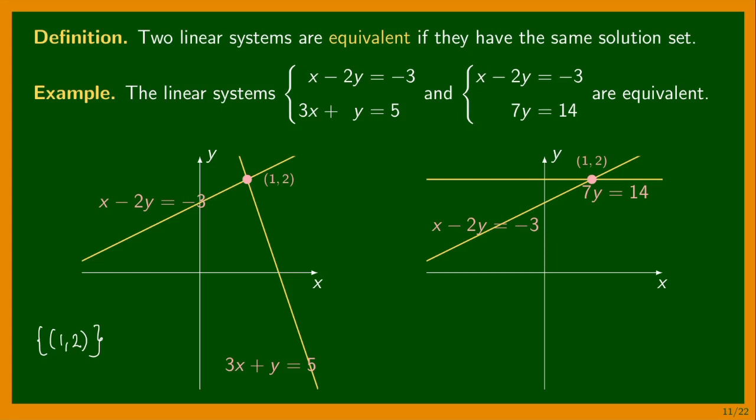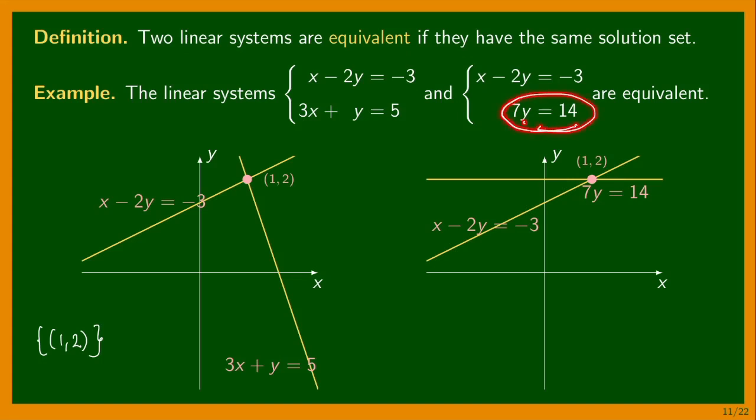But you see, when you look at these systems, although they are equivalent, the second one is easier to solve. Why? Because the second equation tells us directly the value of y by simply dividing by 7 on both sides. In fact, y is 2.